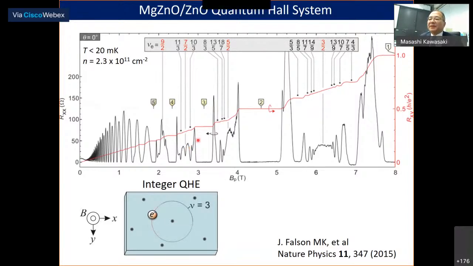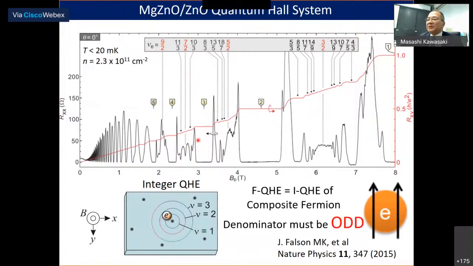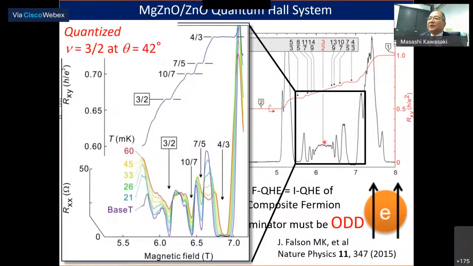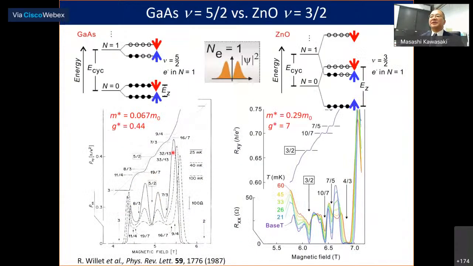And if you tilt the sample in the magnetic field, you start to see this 3 halves, an even denominator state, also quantized. And this is thought to be a superconducting state, a p-wave superconducting state. So having 2 composite fermions get paired, that's why an even denominator state is allowed. So this is like a superconducting state.